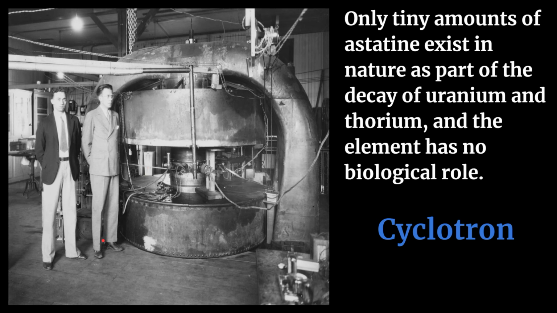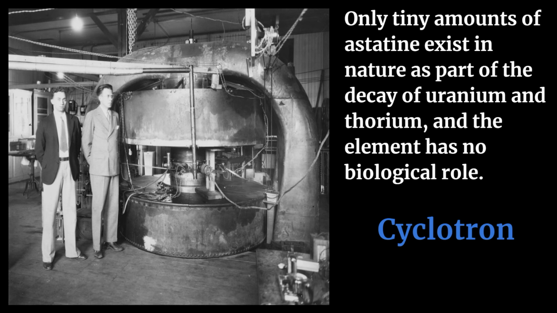So we have learned a lot about astatine, but only tiny amounts of astatine exist in nature as part of the decay of uranium and thorium, and the element has no biological role, as I told you a moment ago.